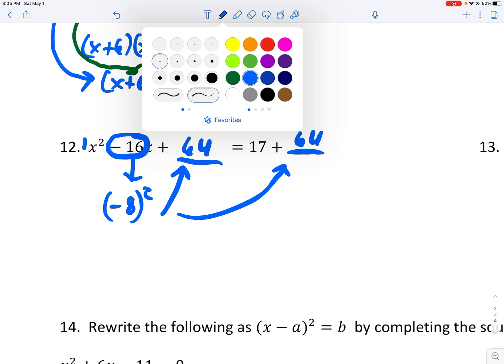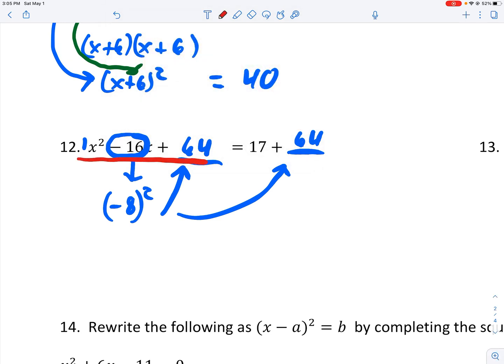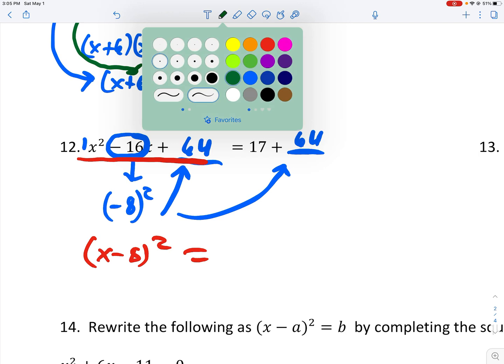So what does this trinomial, x squared minus 16x plus 64, factor into? Now you could sit here and figure it out, or you could literally look at the part when you divide it by 2. So this would be x minus 8 squared. One of the biggest mistakes is students forget the signs. So you have to be careful.